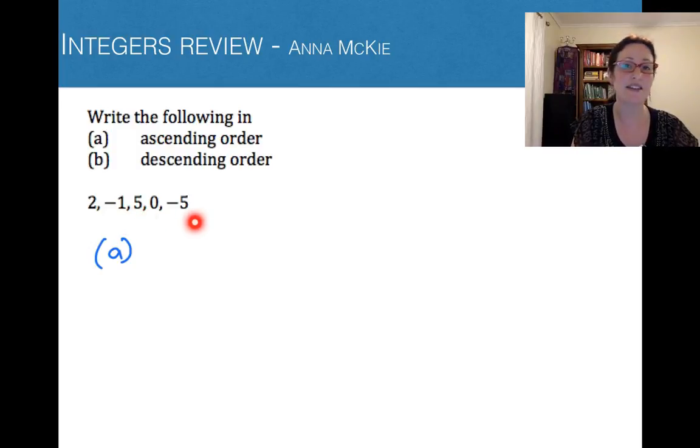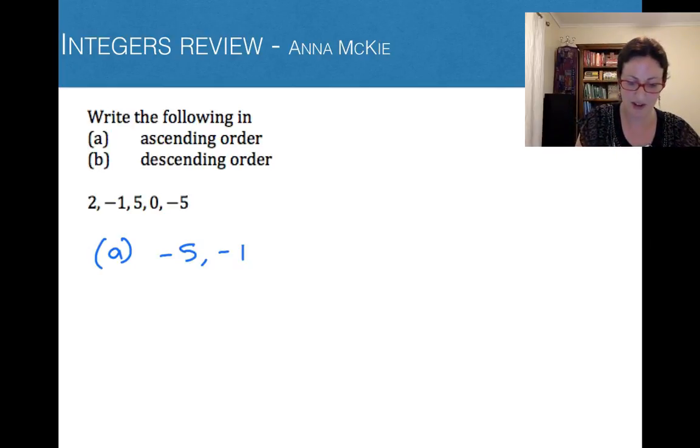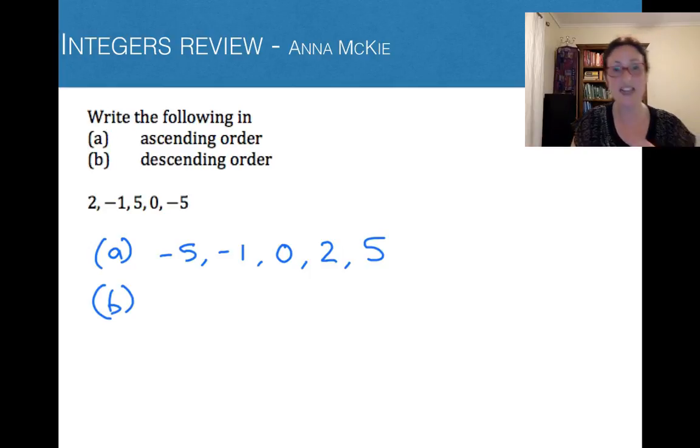Or it would be the biggest negative number. I think you'd find it would be -5. So we would have -5. The next smallest number is -1, then 0, then what have we got? 2, and then 5. So that's in ascending order, so increasing.